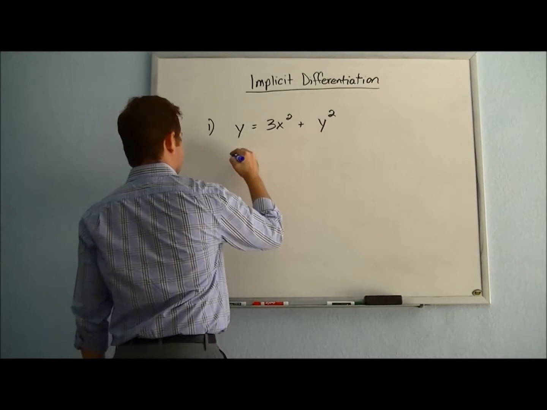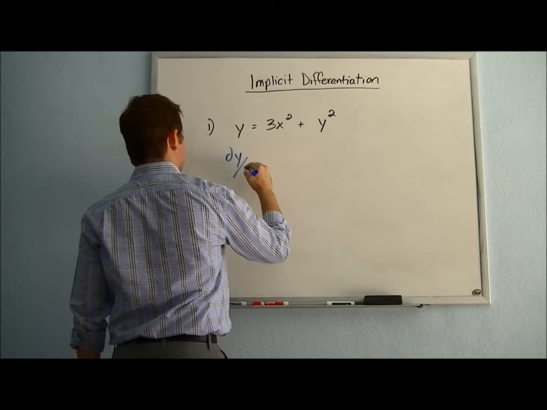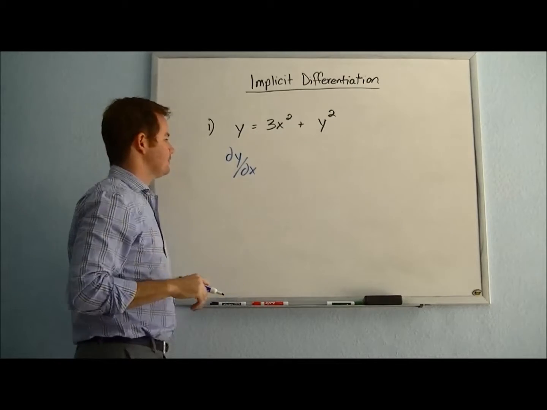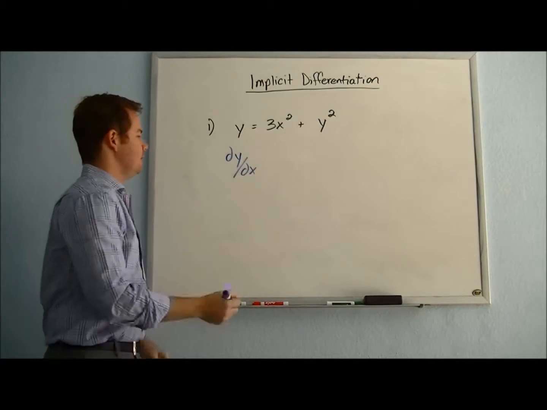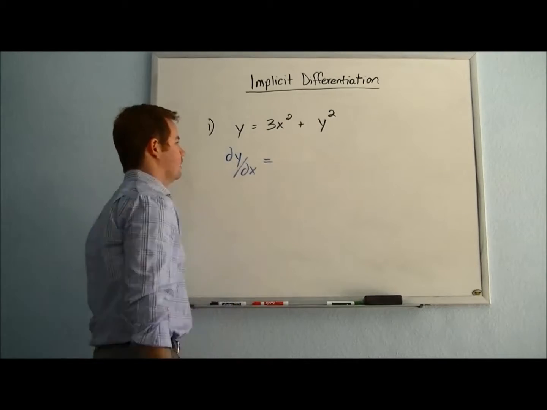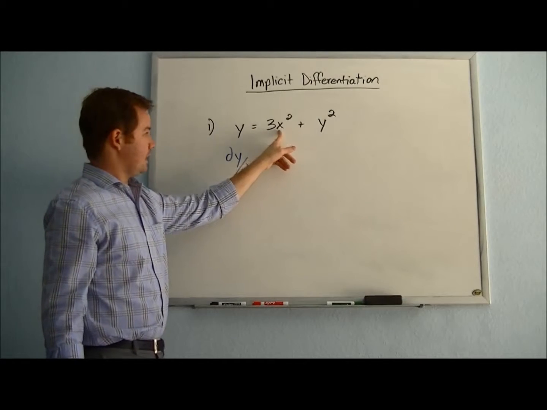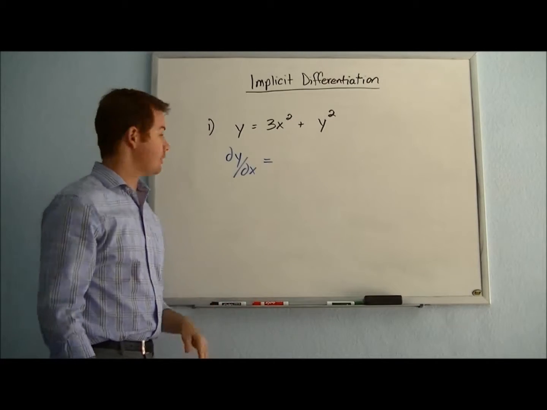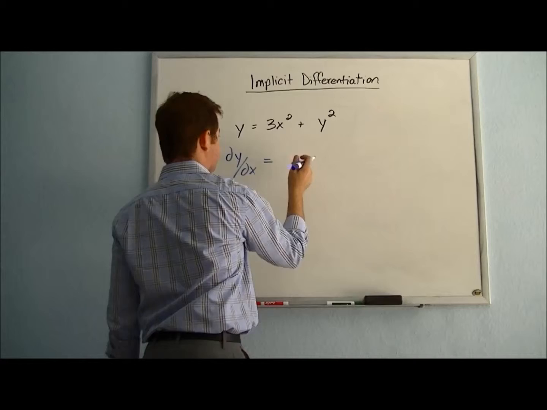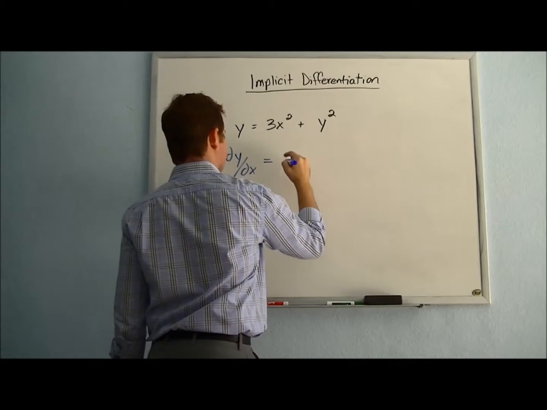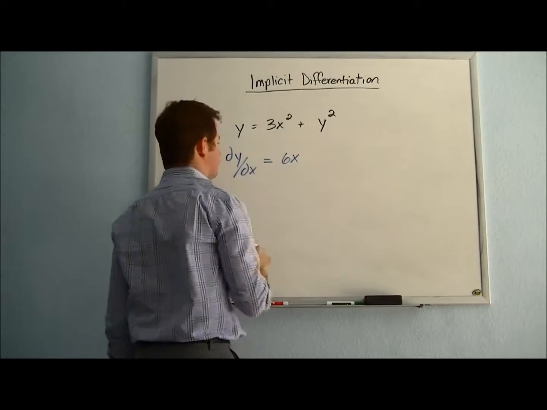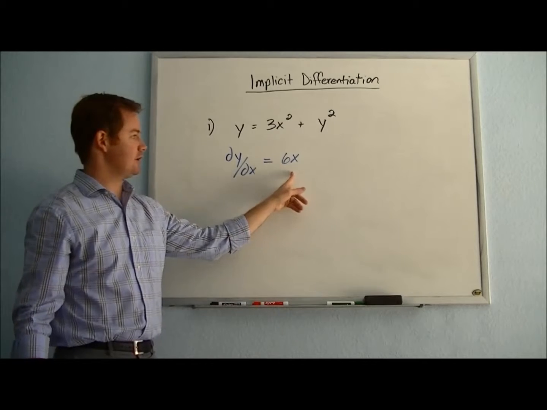So, the derivative of y we express as dy dx, and that's going to be equal to... 3x squared gets derived by using power rule, and we do 2 times 3, which is 6, and we reduce 1 from the exponent, so we get 6x there.